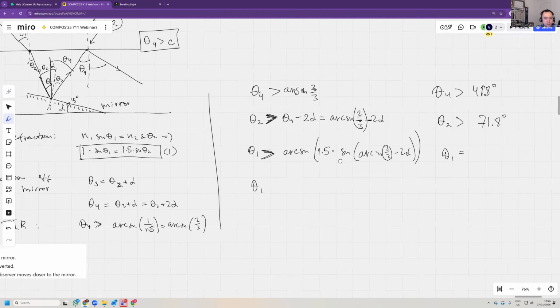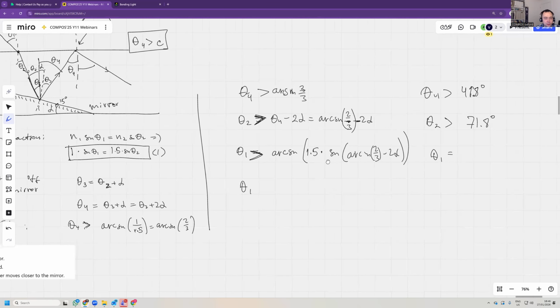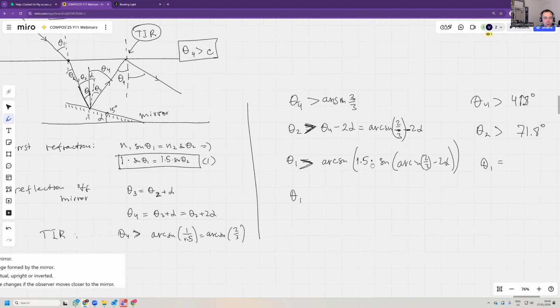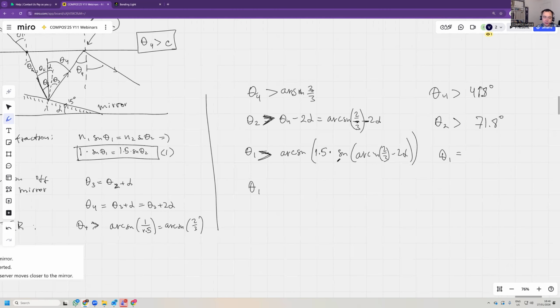Theta 2 minus, of course, minus, what am I doing?